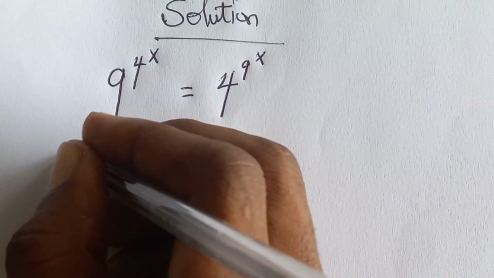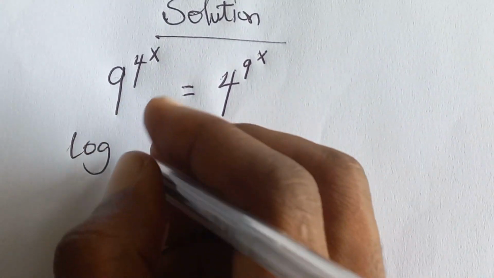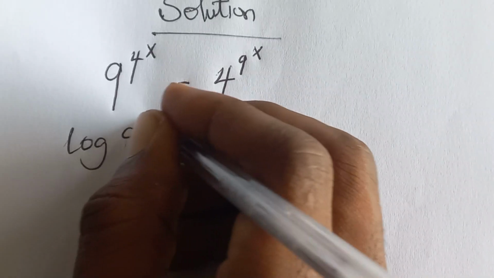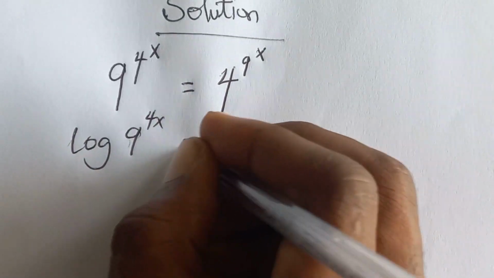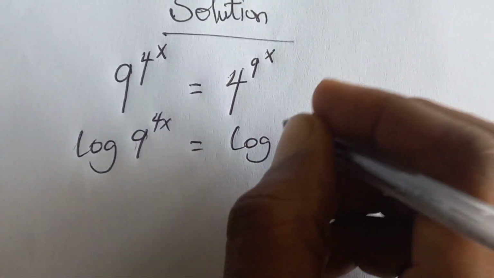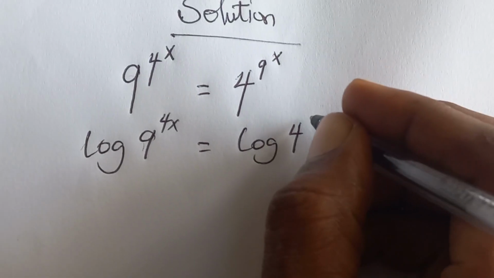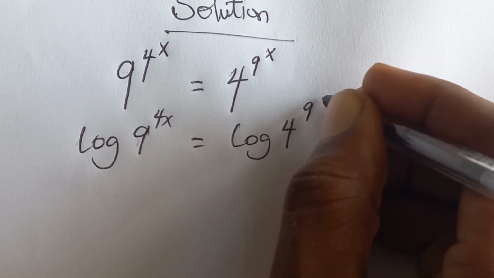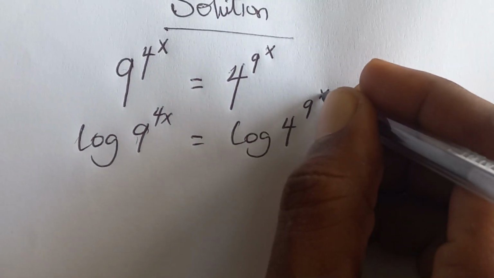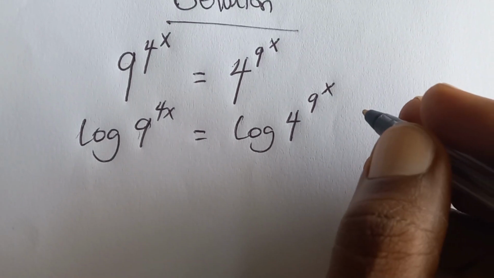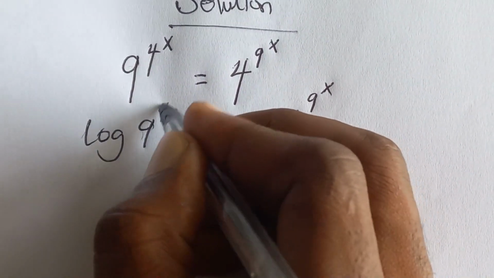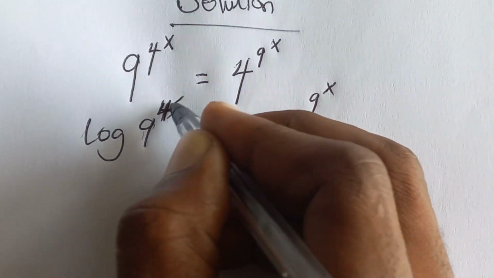So we have log 9^(4^x) is equal to log 4^(9^x). Okay, so this one is 4^x.